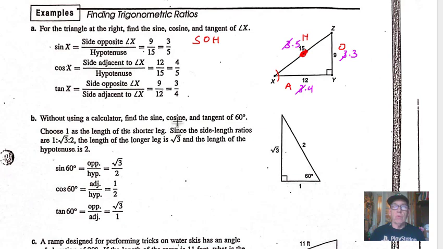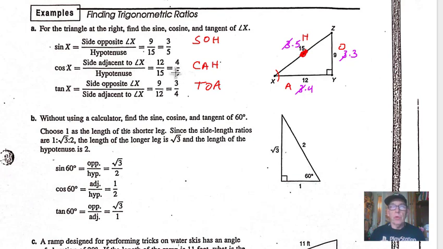So it simplifies to 3/5. Cosine is adjacent over hypotenuse, the adjacent side, 4, over the hypotenuse, 5, gives us 4/5. And tangent is opposite over adjacent. Opposite side is 3, adjacent side is 4. So tangent of x simplifies to 3/4.